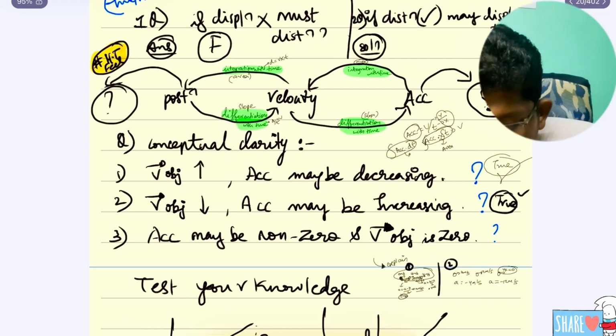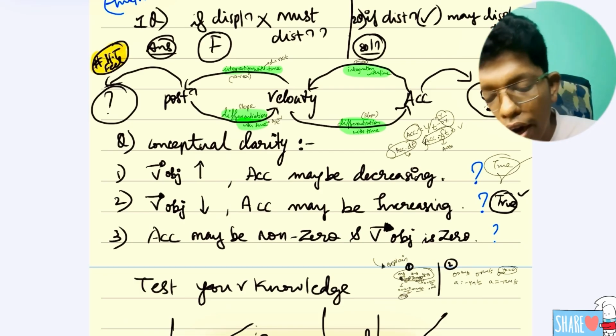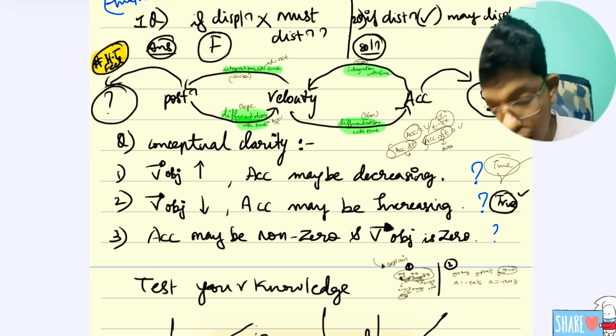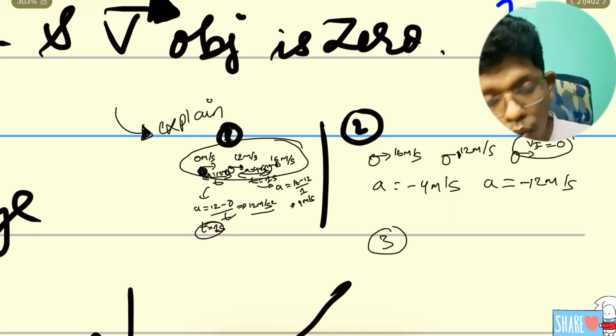Finally, acceleration may be non-zero. It could be any number, but the velocity of the object is zero. This happens. The reason is, it's a very important case you may learn.